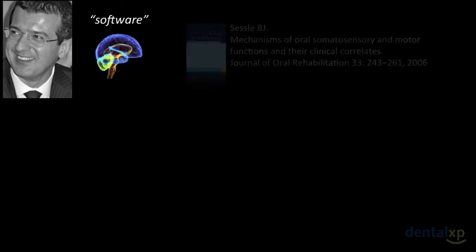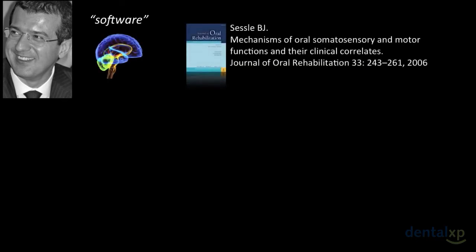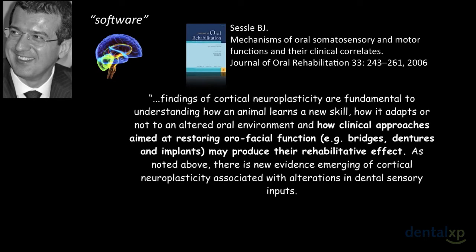And when we talk about implants, one of the most important things we have to consider is that we do have something called cortical neuroplasticity, and this cortical neuroplasticity is very important, especially in large rehabilitations, because it means that the oral environment can adapt to a restoration.